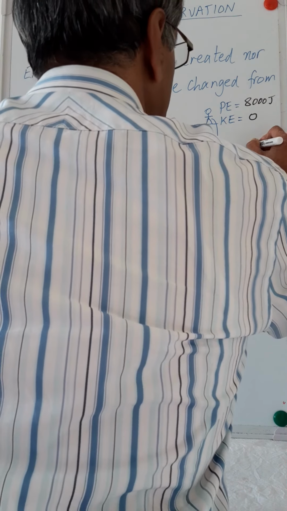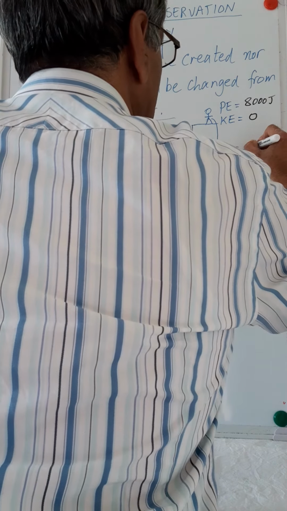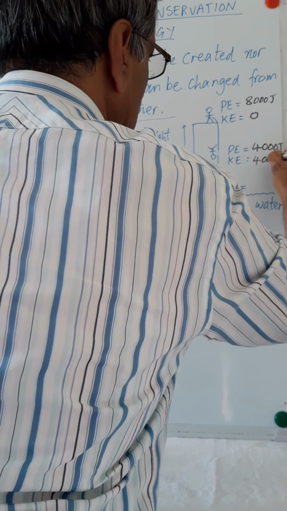So his potential energy is going to be half of 8,000, which is 4,000 joules. What has happened to that energy that is lost? That has been converted to kinetic energy. So the 4,000 joules of potential energy he's lost is converted to kinetic, so you'll have 4,000 joules of kinetic energy.